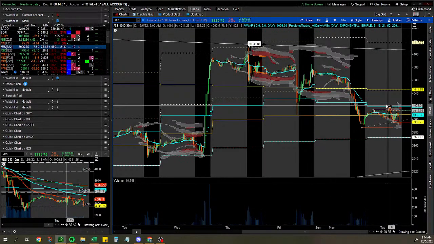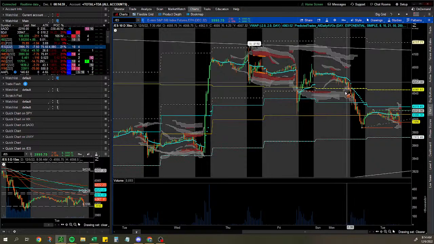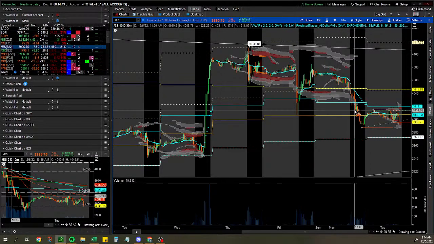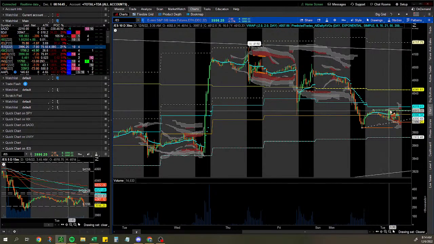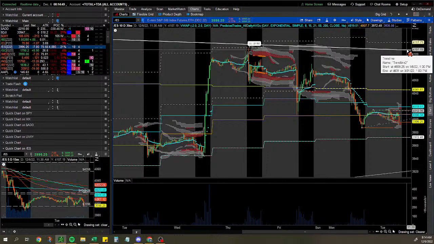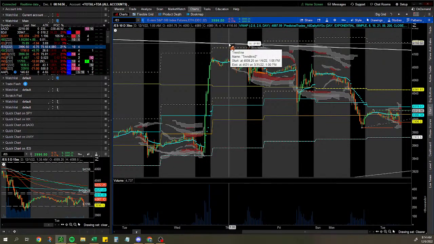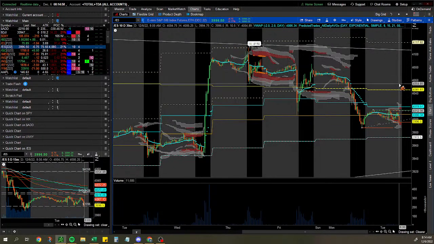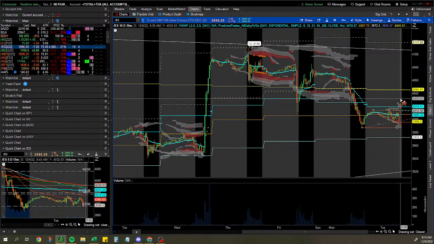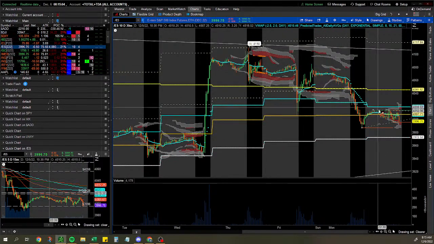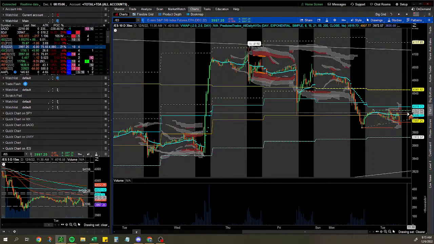And just talking about the premise that we covered yesterday, it was we could dip down to these moving averages, consolidate before any kind of real rally this week to try to get through these highs and this trend line from high of year. We did get that premise where we fell back to these moving averages and are consolidating.